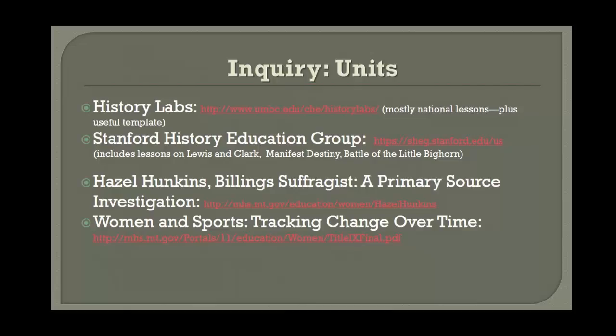And then another one that we've done that's also really inquiry-based, in the truest sense of the word, is this Women in Sports Tracking Change Over Time unit, because it has students researching their own communities.